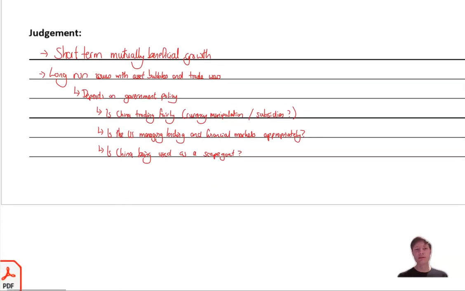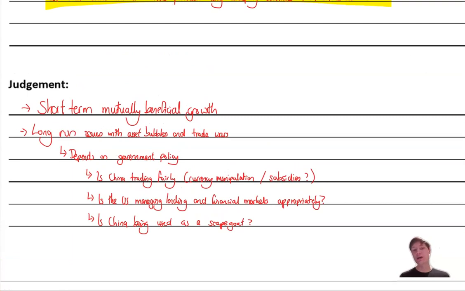In judgment, well, we could say, as always, it's a very good idea to break it down into long run and short run. And in the short run, it's certainly very beneficial. You'll see that the exports which the US are buying are driving that export-led growth for China.